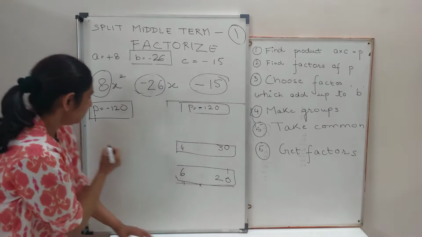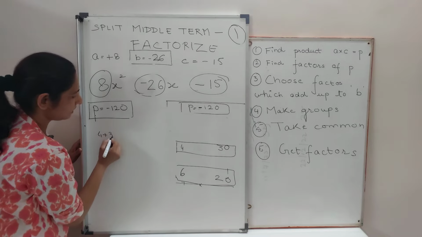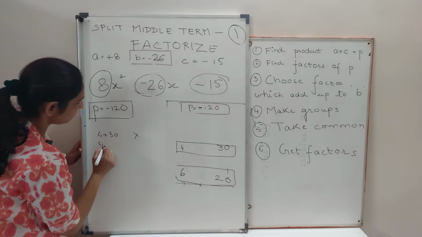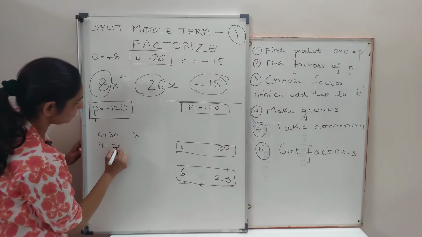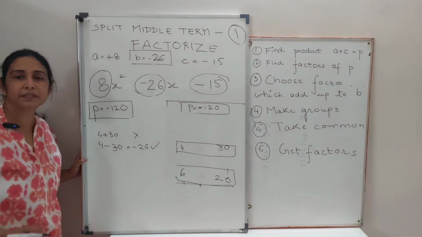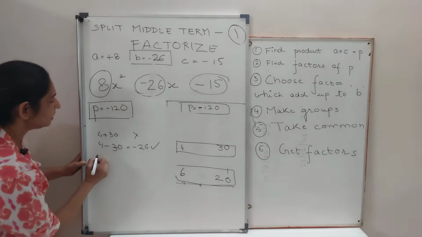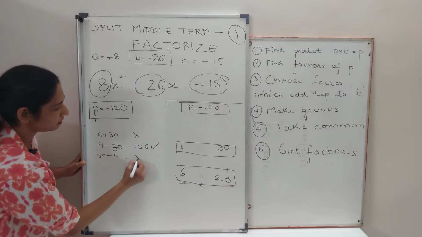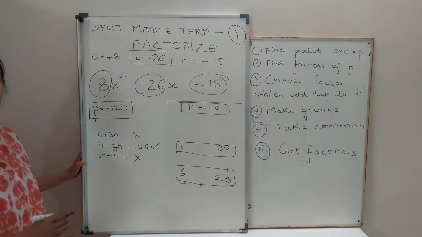Let's see. Is 4 plus 30 minus 26? No. Is 4 minus 30 minus 26? Yes, you've gotten minus 26. Is 30 minus 4 minus 26? No. Wrong.